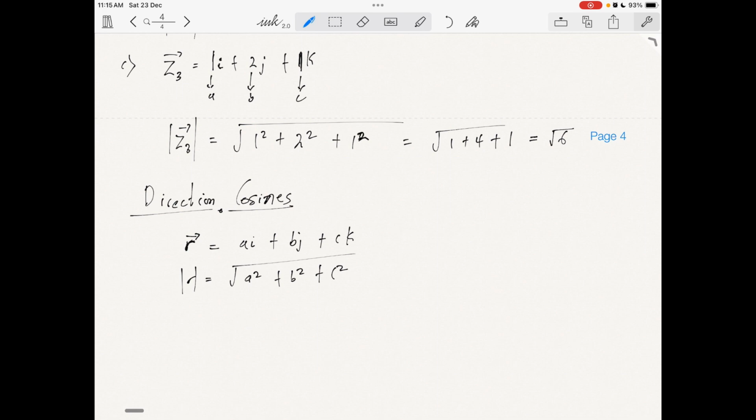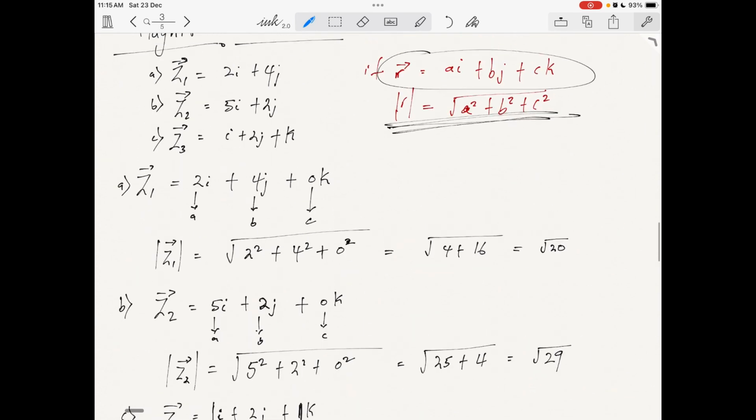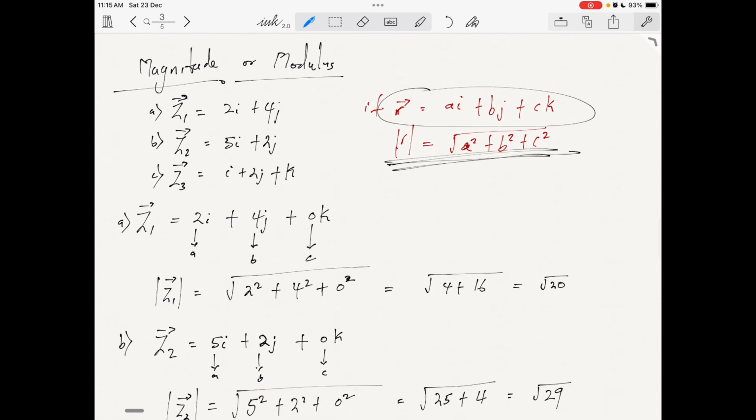We can now say that the magnitude or modulus of a vector is the square root of the sum of the individual squares. So keep this in mind.